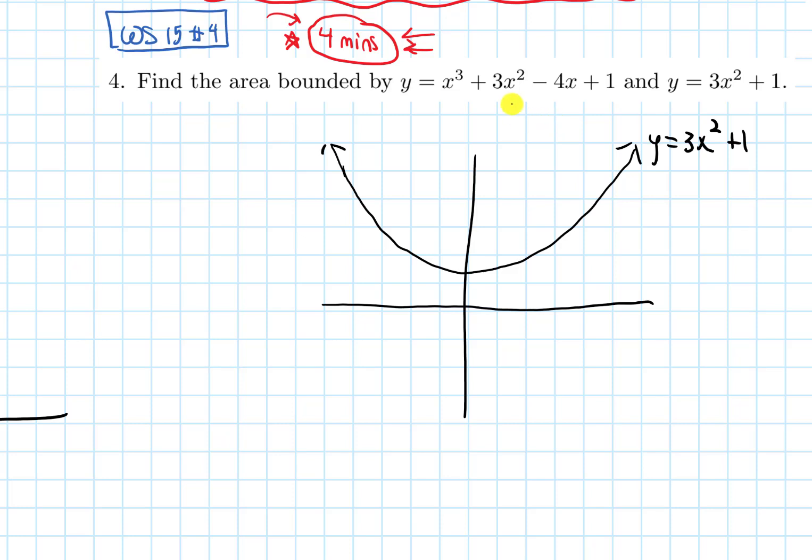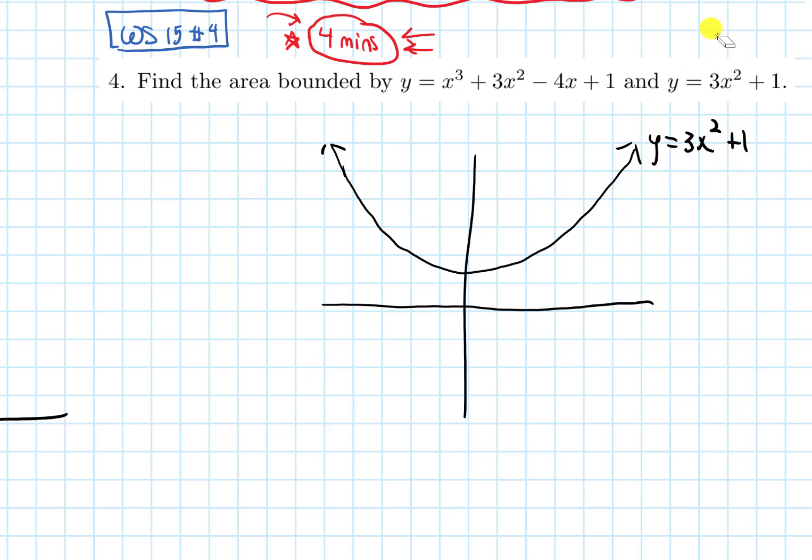So for this other function, we have this cubic polynomial, this third degree polynomial. Third degree polynomials sometimes can look like this, where they just sort of snake up, but they never turn. They can also look like this, where they turn and then do that sort of thing.